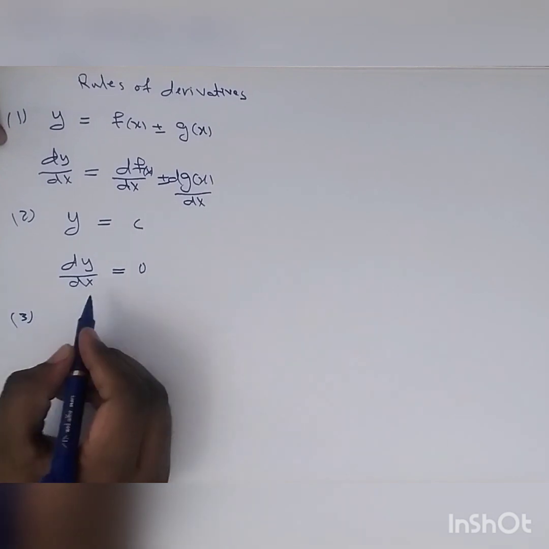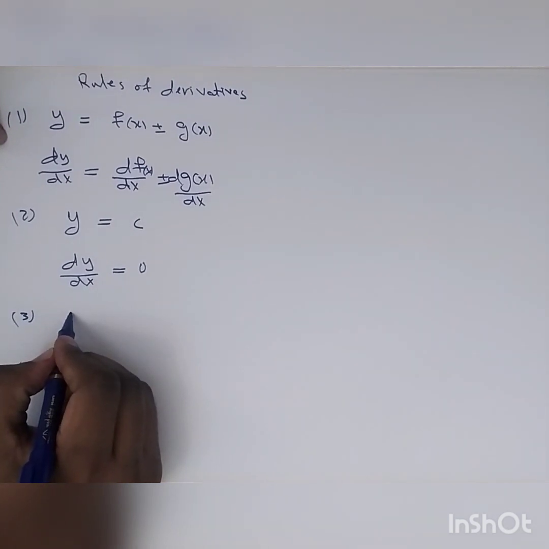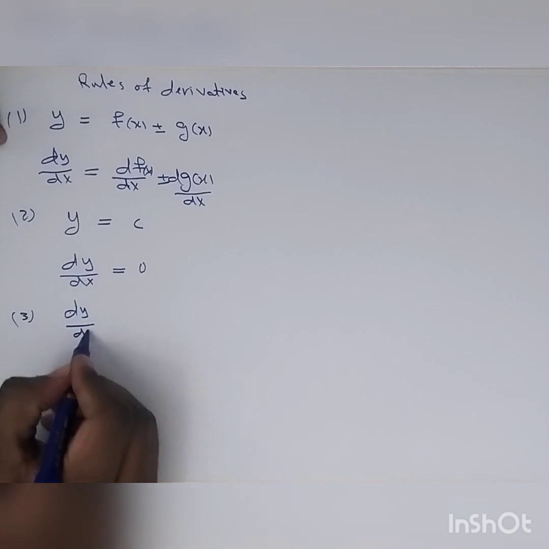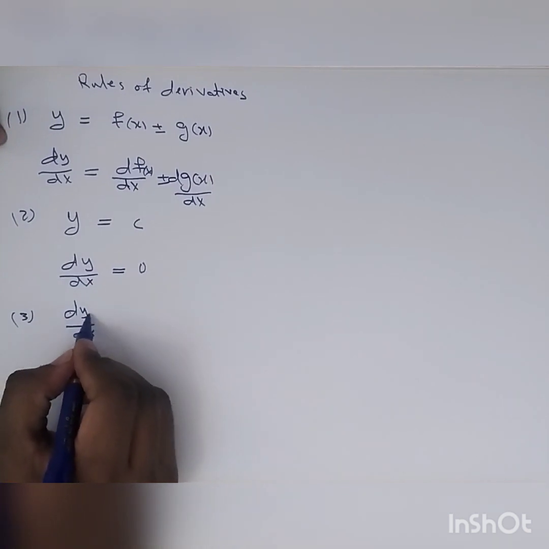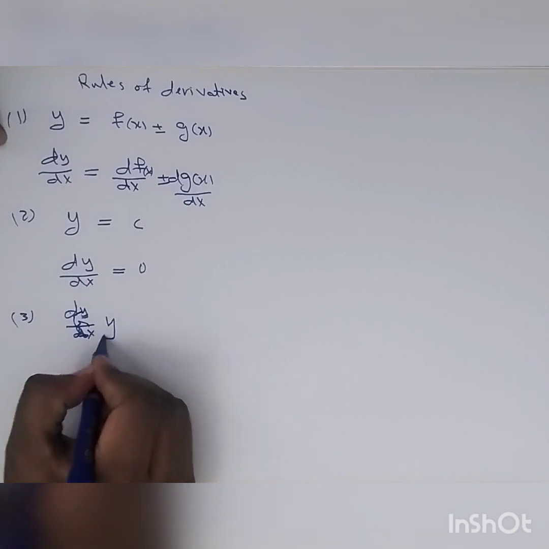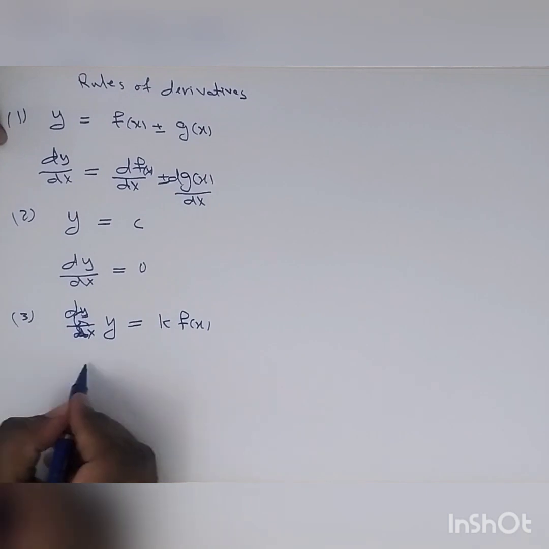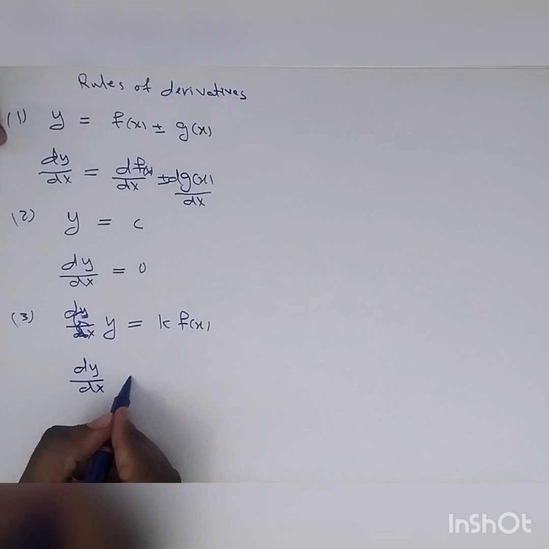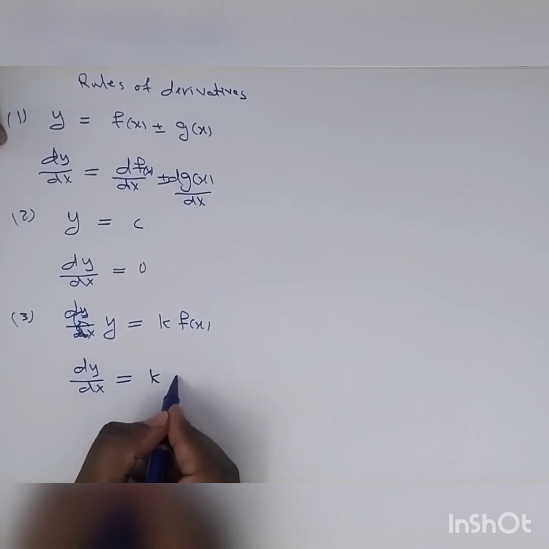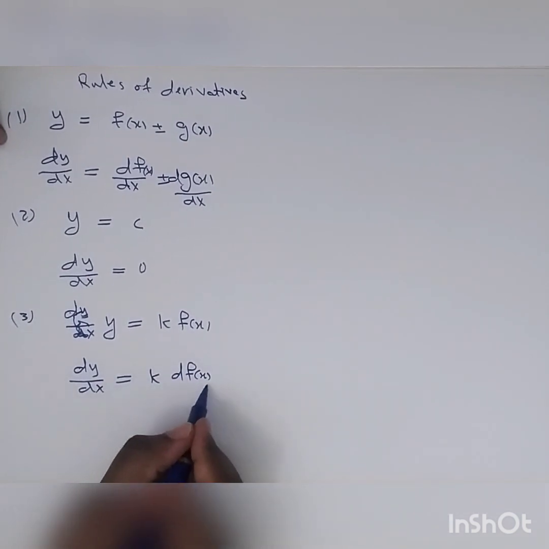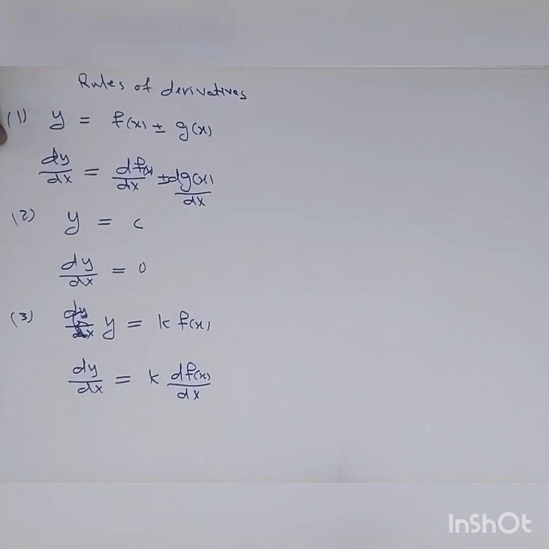Rule 3: if we have y equal to k f of x, then dy by dx will be equal to k times df of x divided by dx. So this is just a derivative operator.